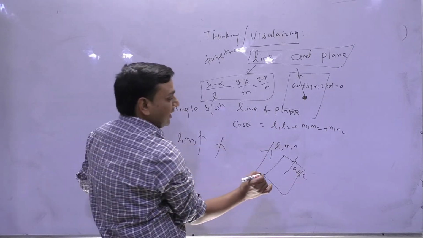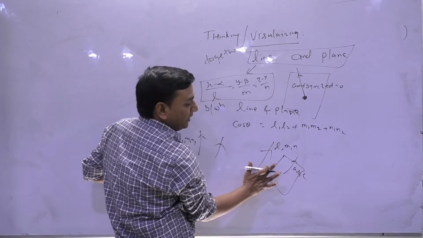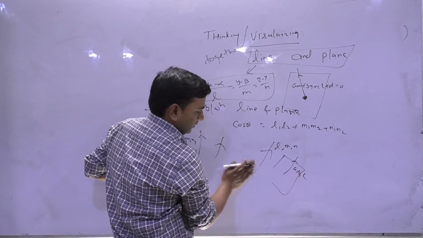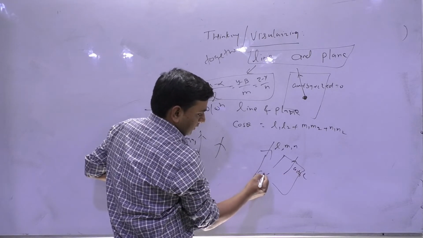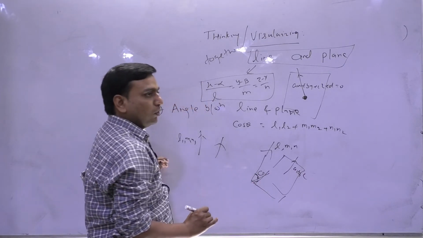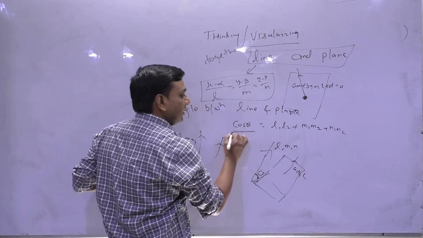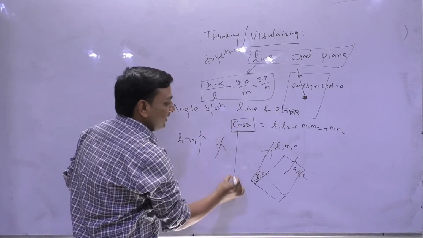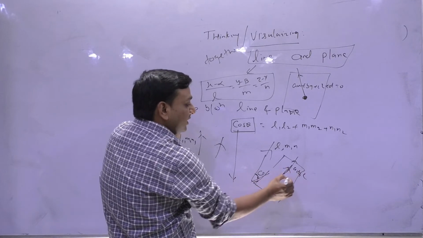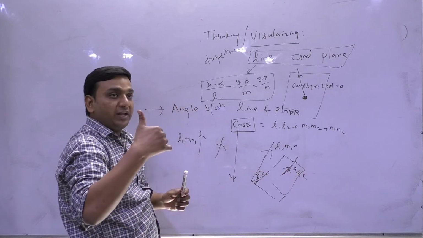What I am saying, the angle between this line and this plane, theta, it will be nothing but 90 minus theta, क्योंकि ABC are DRS of a line perpendicular to that.